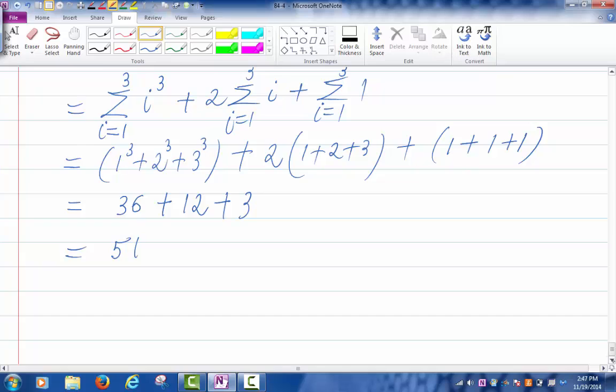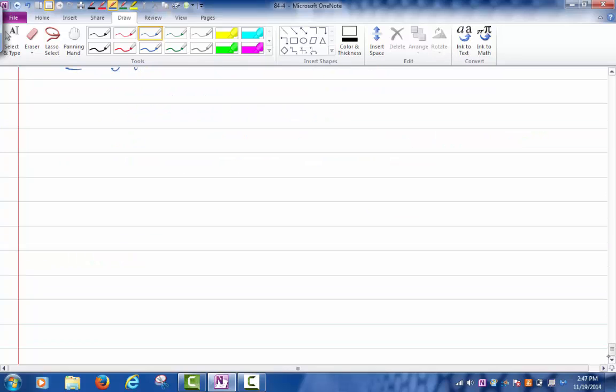Let me end by writing some formulas. There are some formulas that we will use later. These are some special summation formulas.